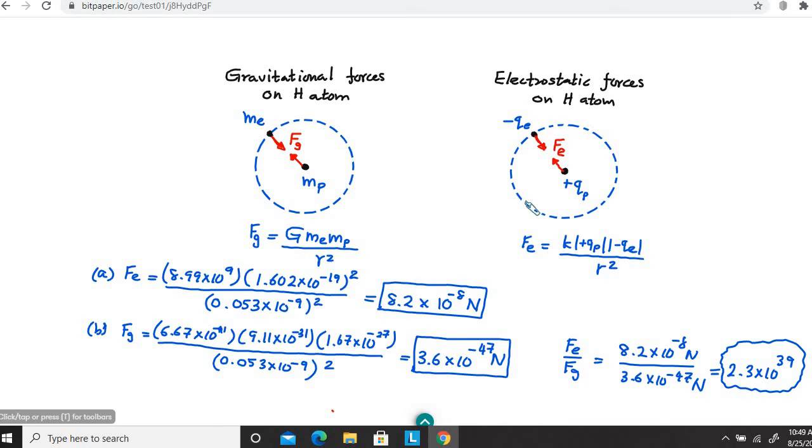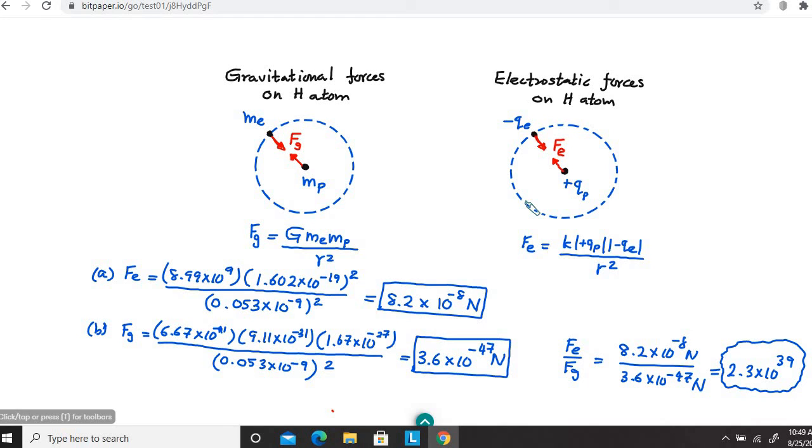However, at large length scales, that means astronomical units, light years, the distance between stars, the size of the Milky Way, at those length scales, gravitational forces dominate. As you know, there are four types of forces in our universe: electrostatic force, gravitational force, weak nuclear force, strong nuclear force.